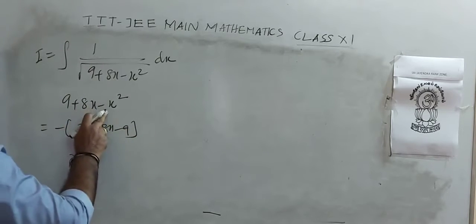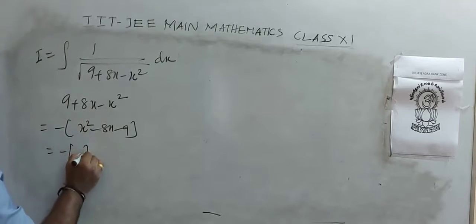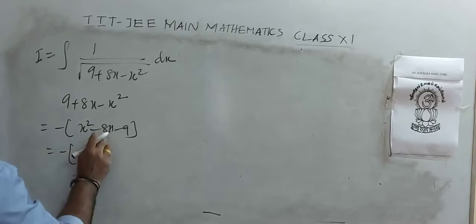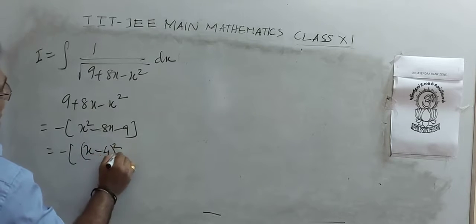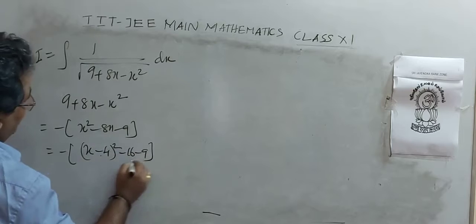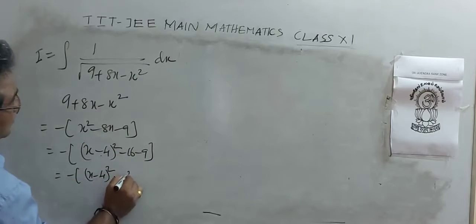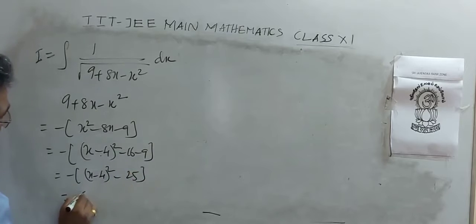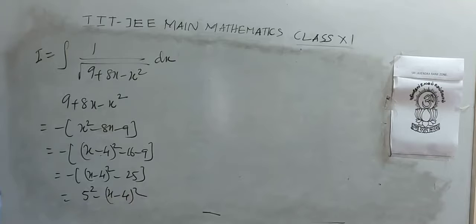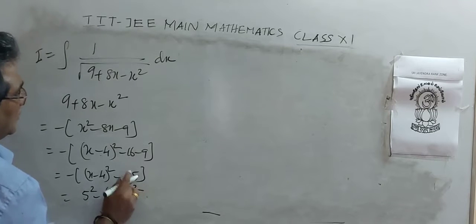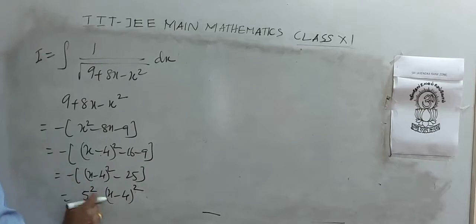This will be positive, this will be negative. So in place of x square, write x, divide this number by 2. So minus 4, the whole square and subtract. This is 5 squared, minus into plus, minus into plus, minus.